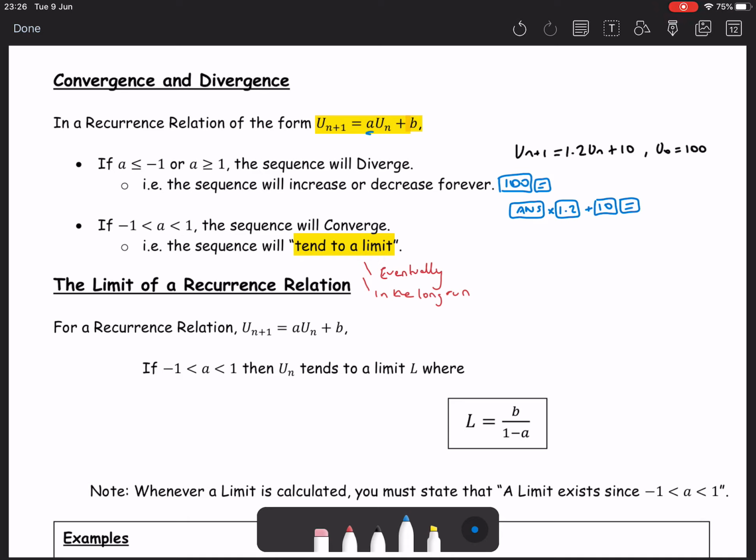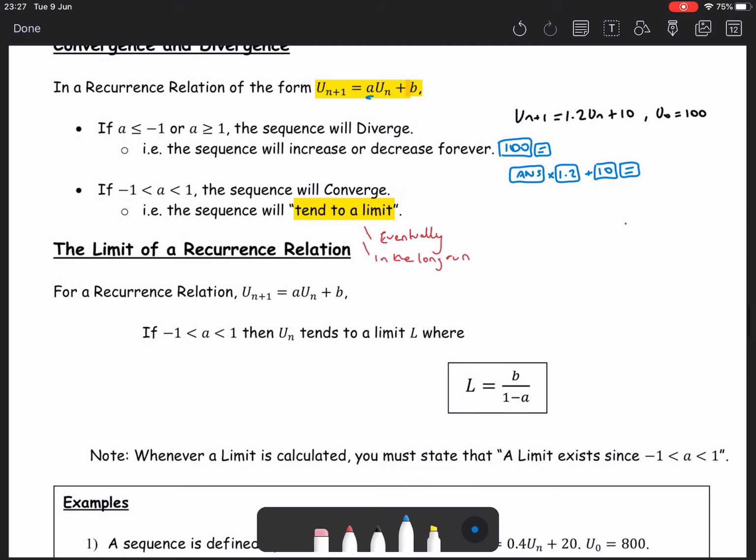Work along with me. 100 equals, then answer times 1.2 plus 10. That represents my sequence, and if I press equals, my 100 is turned into 130 for my first value. Again, 166, so increased ever so slightly, 209.2, 261.04.